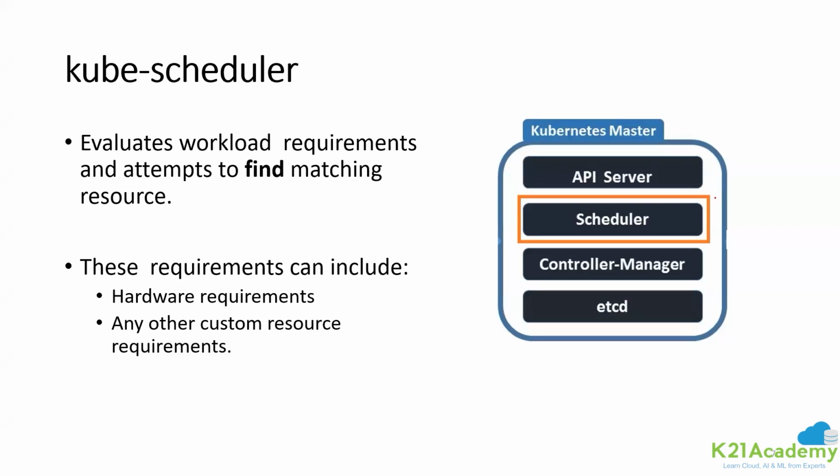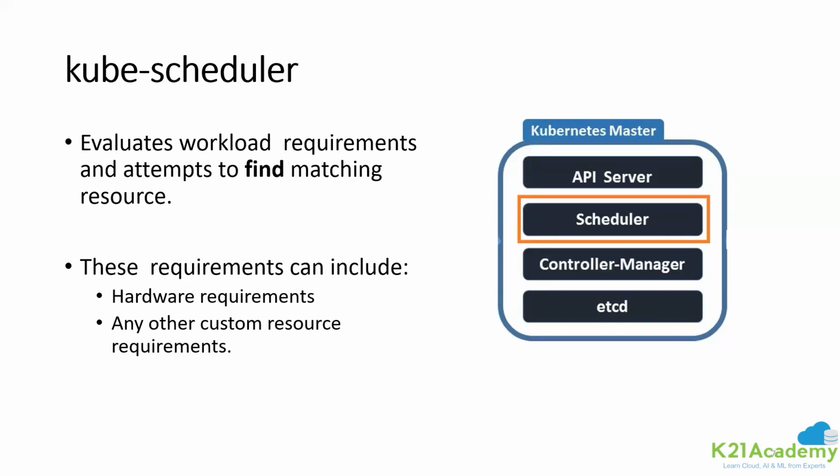Just tell Kubernetes. Inside Kubernetes, there is a component called the kube scheduler which will help you find a matching node to run, to schedule your application. It is responsible for finding a matching node based upon your requirement, so your application runs without any interruption. That is the job of the kube scheduler.